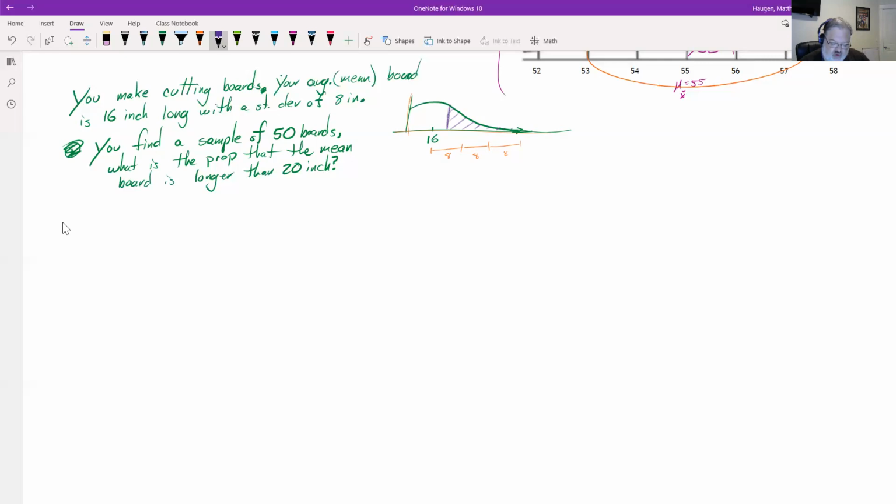Fair? So I'm just going to say here, chance that one specific cutting board is longer than 20 inches. You said that was pretty high, right?